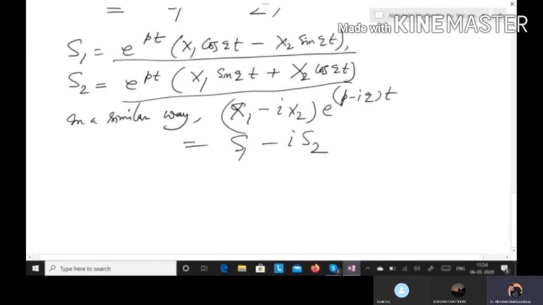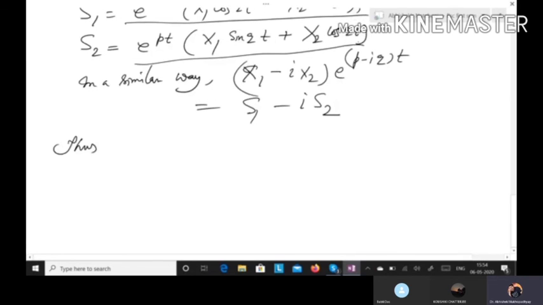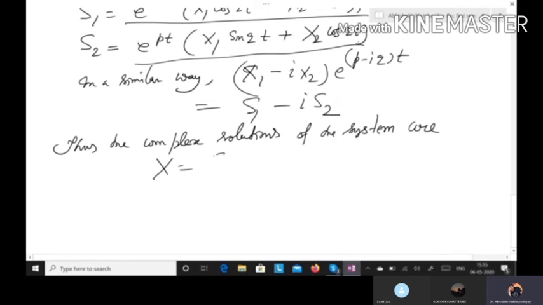So the complete solutions, so the complex solutions of the system are x is s1 plus minus i s2.